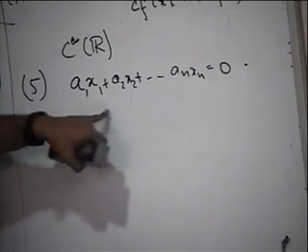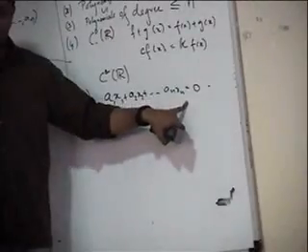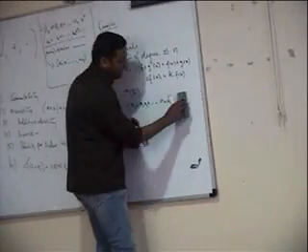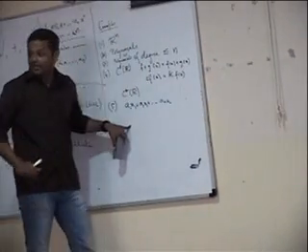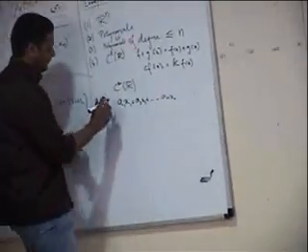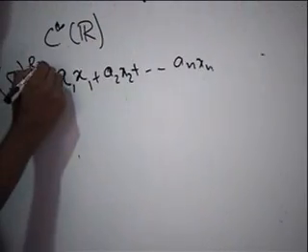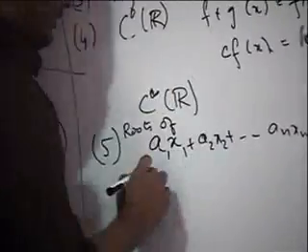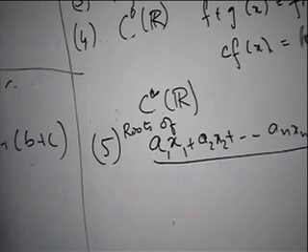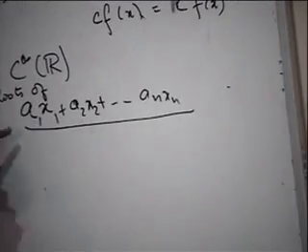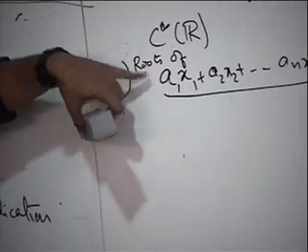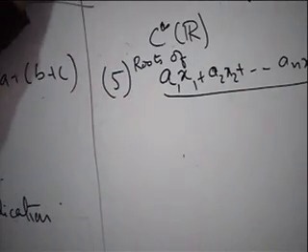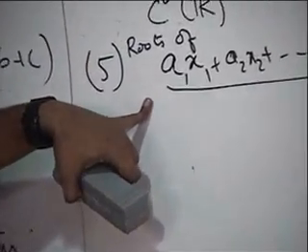You look at a linear equation like this and look at its roots. The roots of something like this are contained inside Rn, and it actually forms a vector space, a vector subspace.